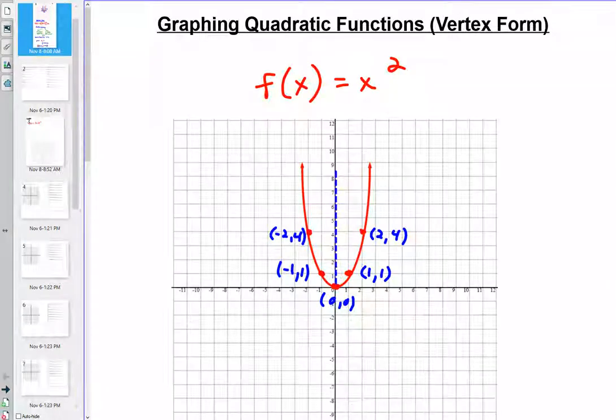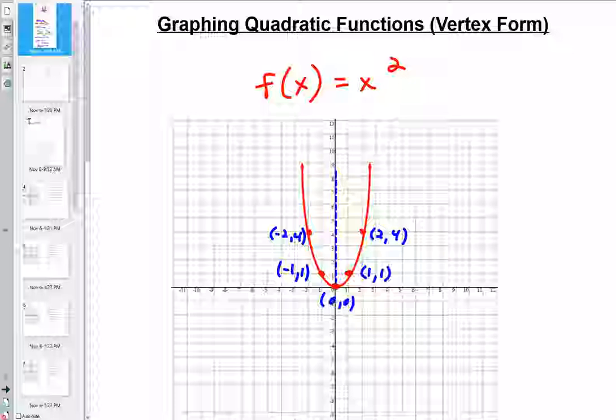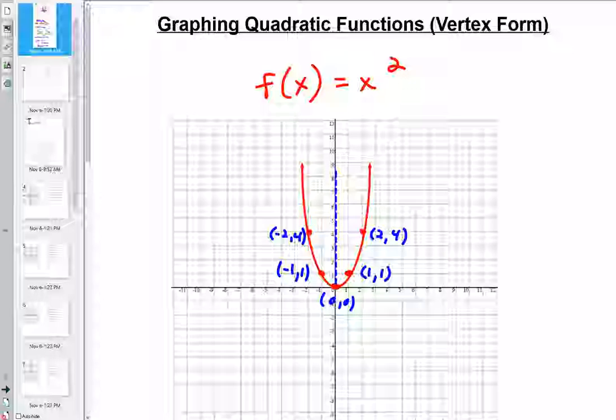So today we're still graphing quadratic functions, but the form is different. It is something called vertex form. What vertex form uses is a method known as a transformation. You're using a transformation to basically think of, okay, what did we say a parabola looks like? Yeah, it looks kind of like a U, right?